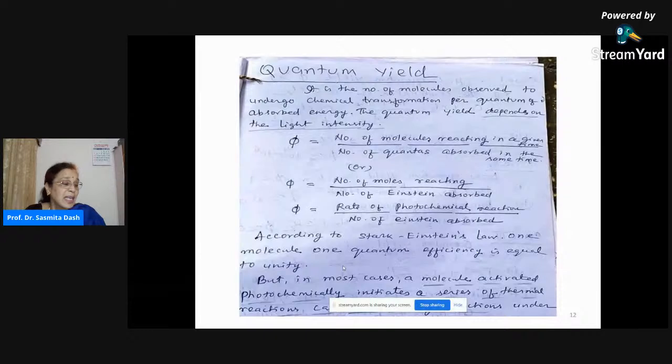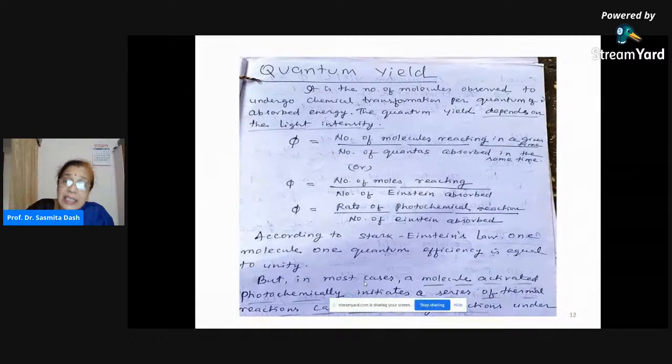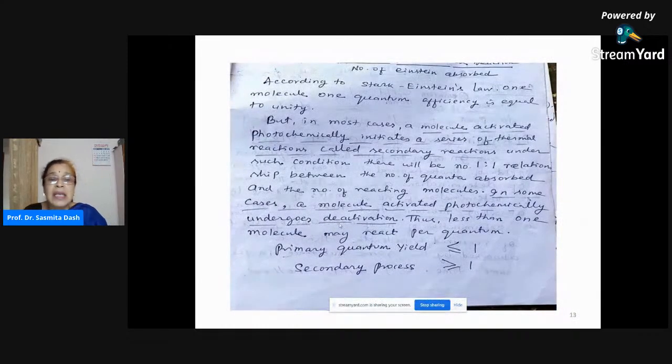In some cases, a molecule activated photochemically undergoes deactivation of its own. In that case, the quantum yield becomes less than 1. But in certain secondary chemical reactions, the activated molecules go into a chain reaction, and they produce a much larger number of active molecules or radicals on the way, making the secondary process quantum yield very high, more than the order of 10 to the power of 3 or 4.